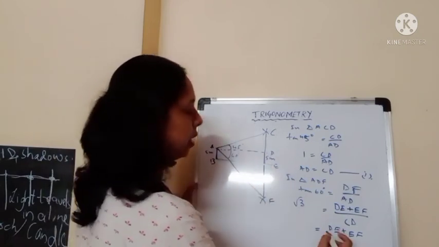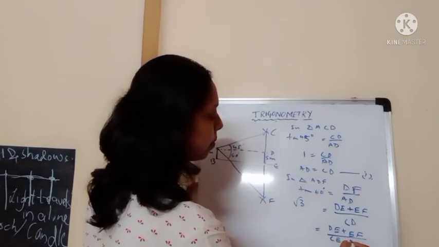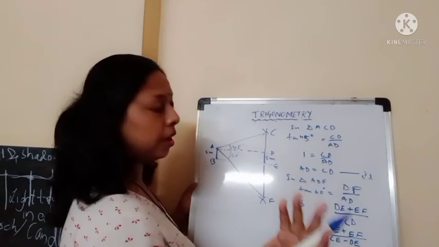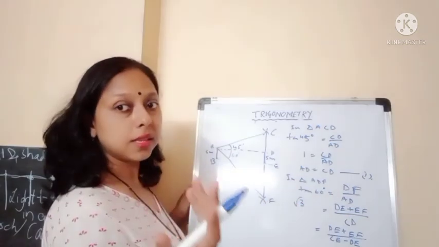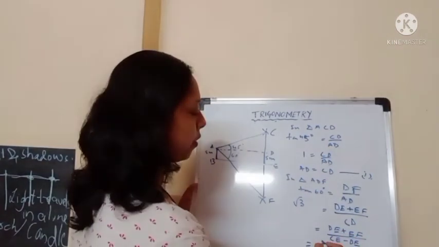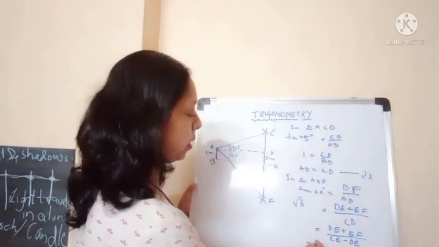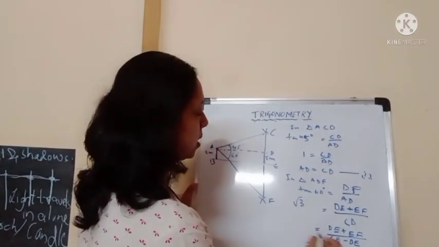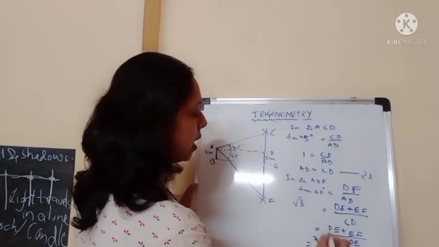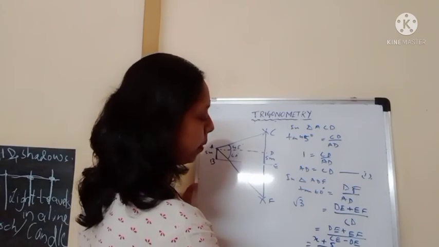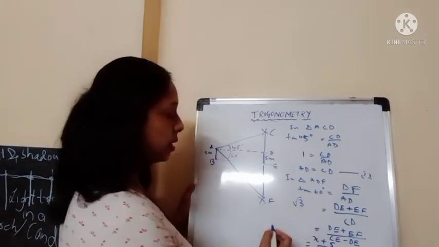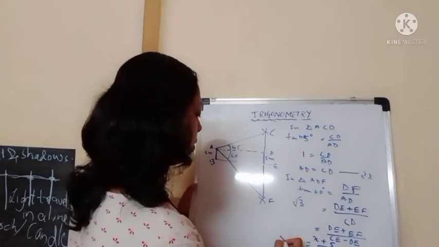Now CE and EF are equal, let's consider them as X. So DF, I can write as X plus DE, which is 5, so X plus 5. And CD I can write as X minus 5. So now we can solve it. So it is coming out to be root 3.